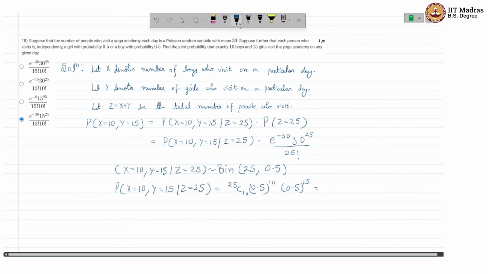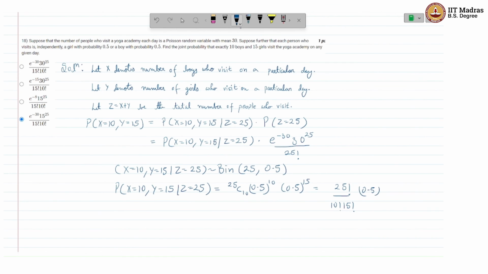So on further simplification, we get 25 factorial by 10 factorial into 15 factorial into 0.5 raised to the power 25. Now let us make this equation number 2. On using equation 2 in 1, what we get?